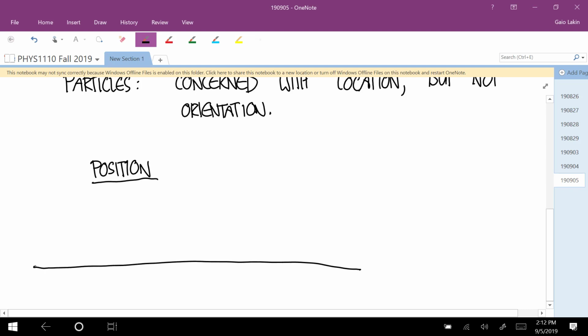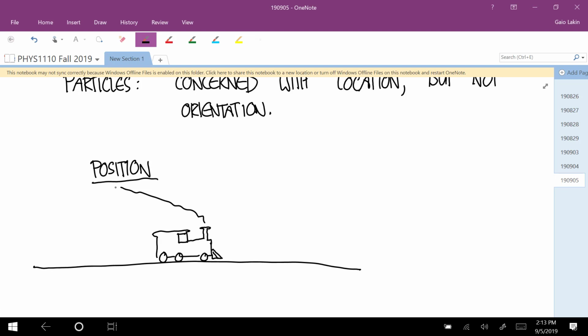And so let's say that those are train tracks, because I'm good at drawing trains, old-timey trains. See how good? Thanks. Okay, so what's the position of that train?